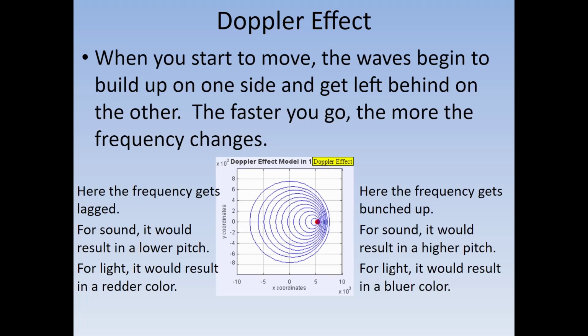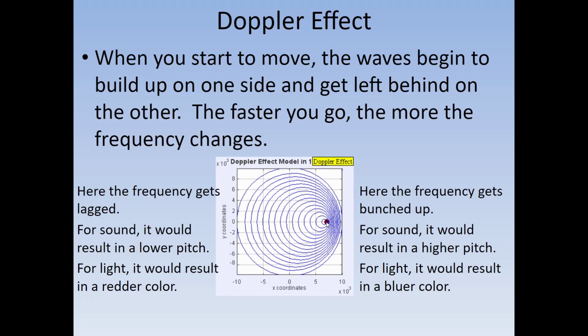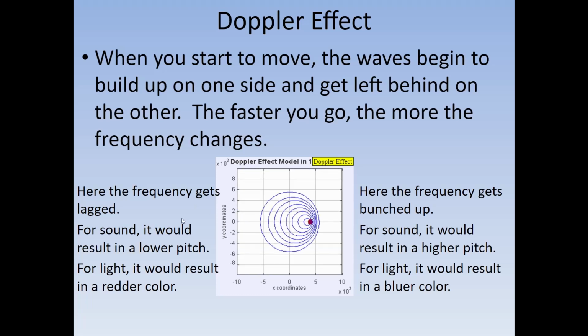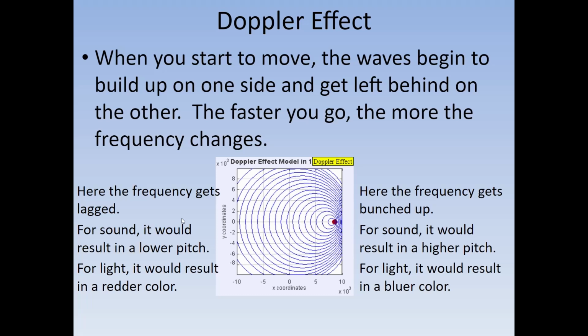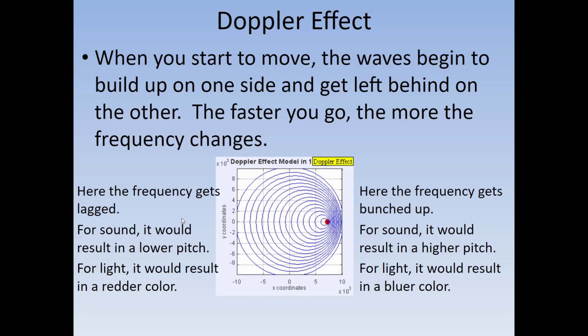But when it comes to light, which we'll talk about in a second, it just means that it'll end up getting shifted to be more blue when it's coming towards us, or shifted more to the red as it's moving away. Again, that's pretty much it for the Doppler effect. You just need to know that as it moves closer, the frequency increases. As it moves away, the frequency decreases.